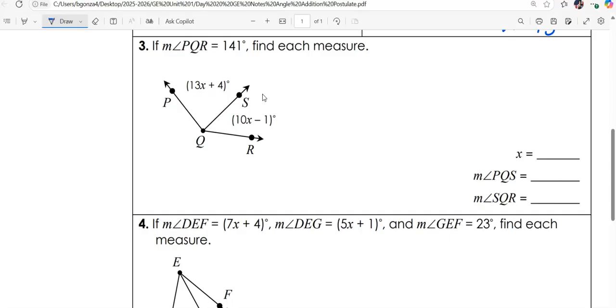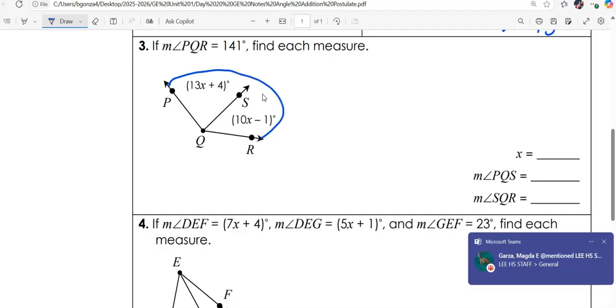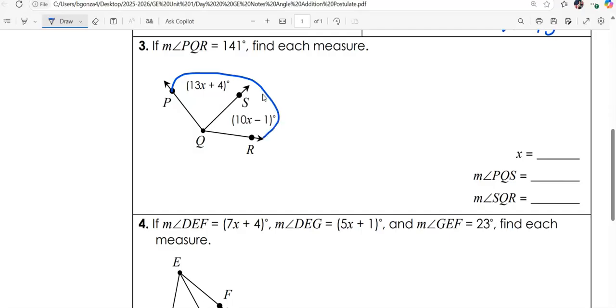What's labeled? PQS, this is the left part, right? SQR, that's the right part. Do I know the whole thing from the picture? No. The picture doesn't have the whole thing labeled, but if I can read, doesn't it tell me that PQR is 141, right? So the whole thing is 141. So just like what we've done before, you're going to have to do part plus part equals whole. Set up that big ugly equation.